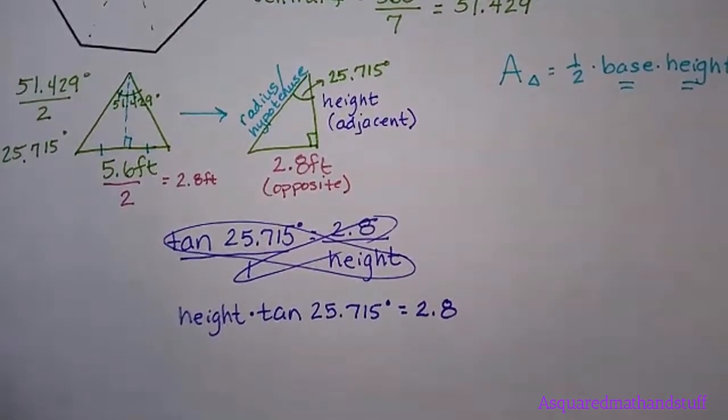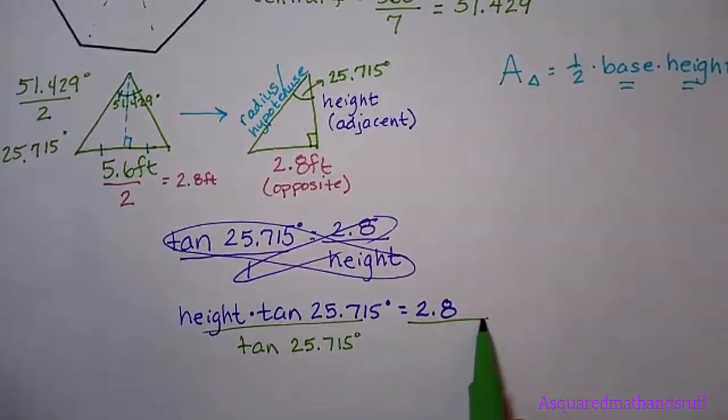Let's divide that tangent 25.715 degrees out from both sides.